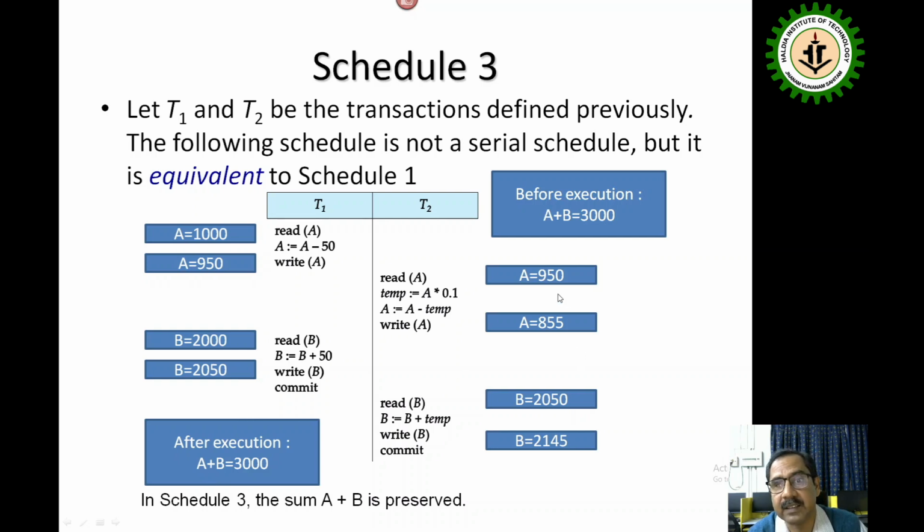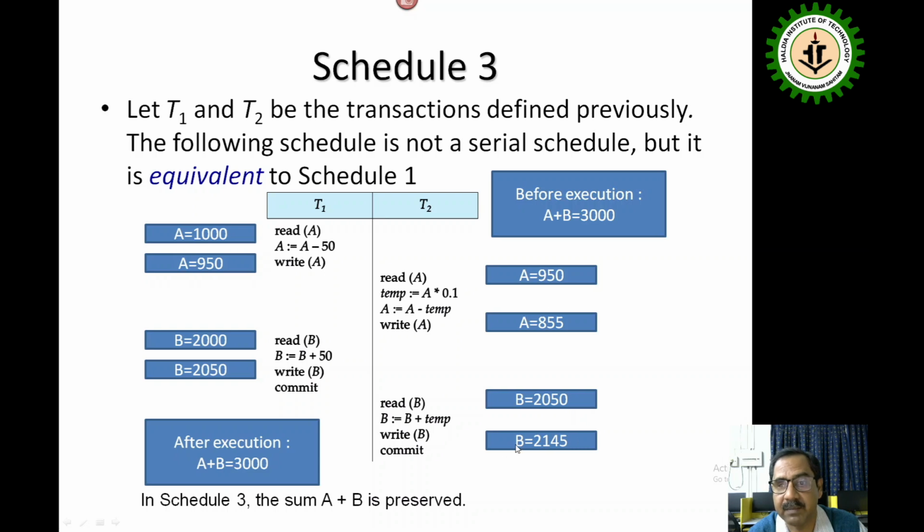See here, this is not the final value, because after this T2 also updated the value of A. So the final value of A is 855. The final value of B is not 2050, because after this modification T2 also modifies the value of B, that is 2145. So the final value of A is 855 and the final value of B is 2145.